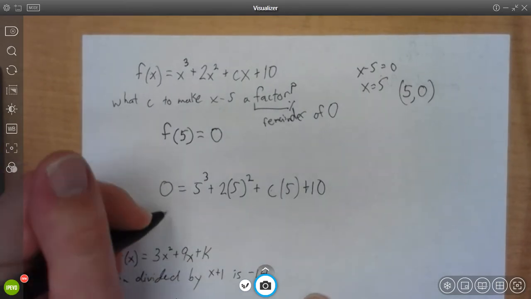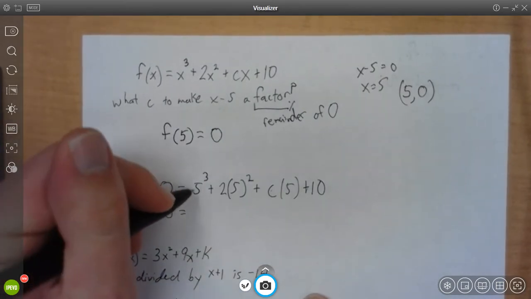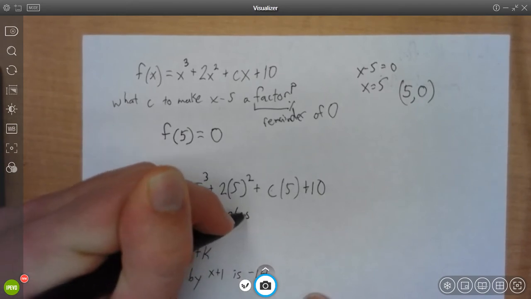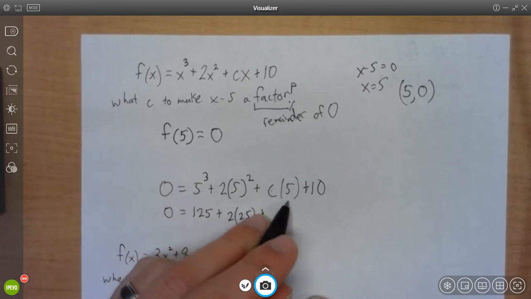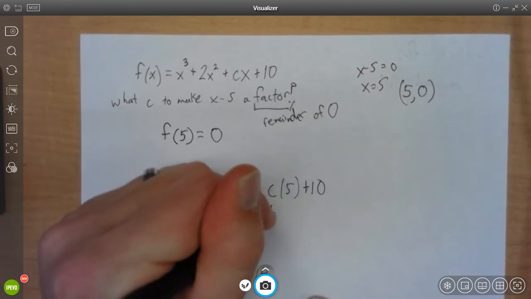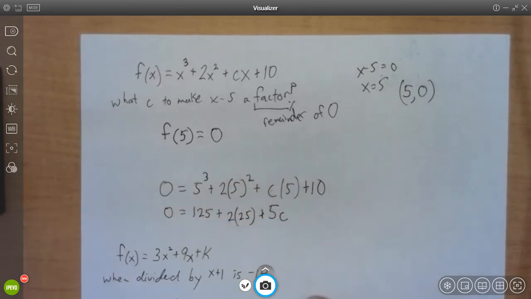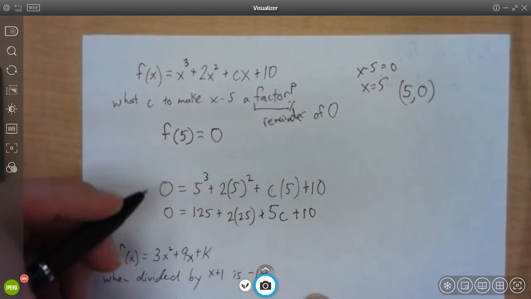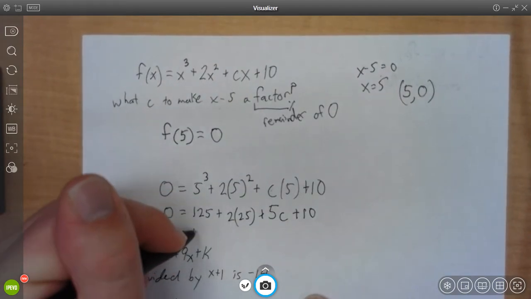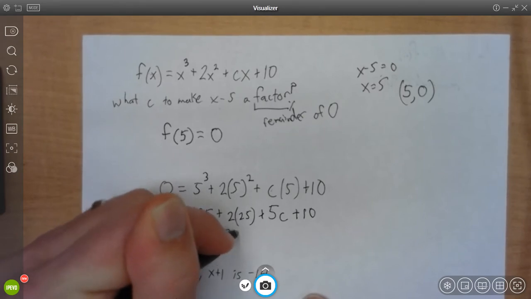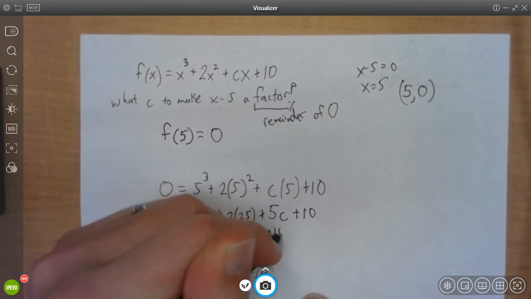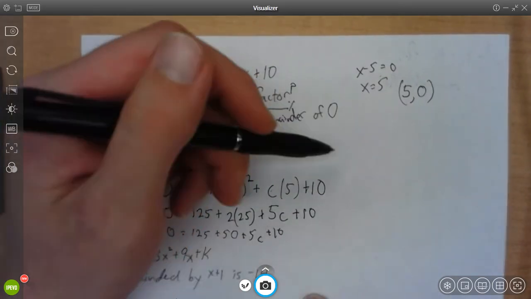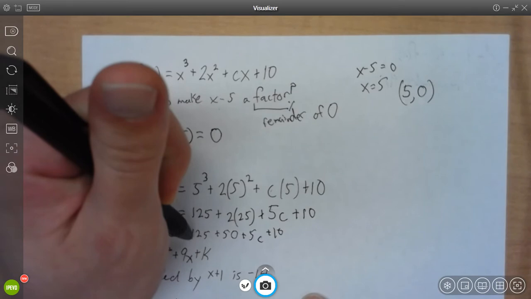And now it's time to do the algebra, order of operations. So I'm doing my exponents first. I'm going to rearrange this and write 5c, because that's just the proper way we write our coefficients and variables, and then plus 10. Got to multiply some. Right, and then collecting all these like terms, the constants add up to 185.